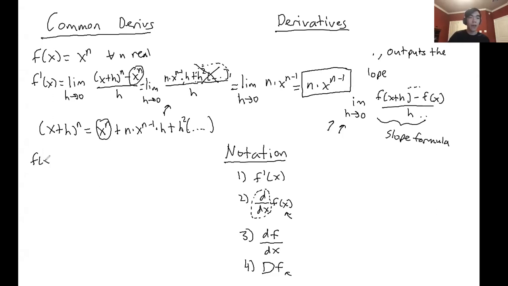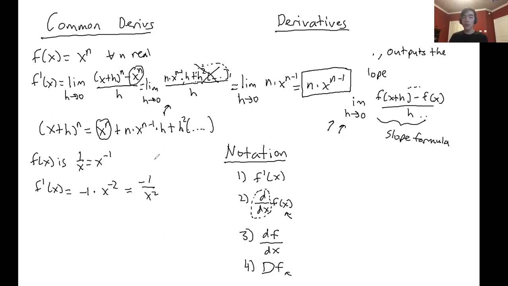If f of x is 1 over x, which is equal to x to the negative 1 power, then f prime of x is equal to, so we pull this negative 1 down, and then we reduce the exponent by 1. So negative 1 times x to the negative 2, which is actually negative 1 over x squared. This is true.